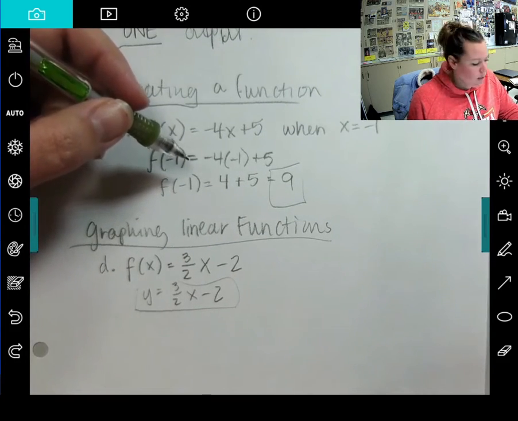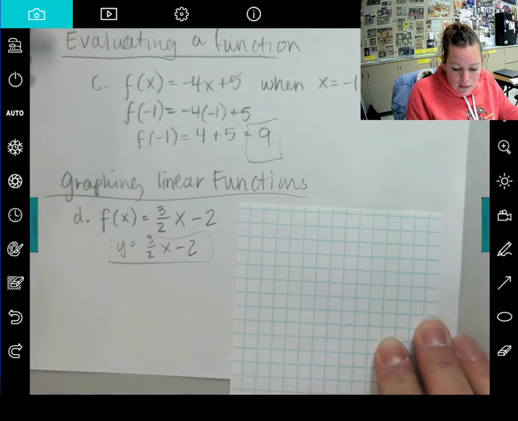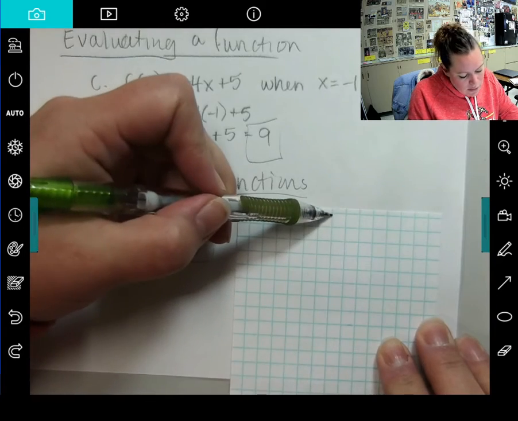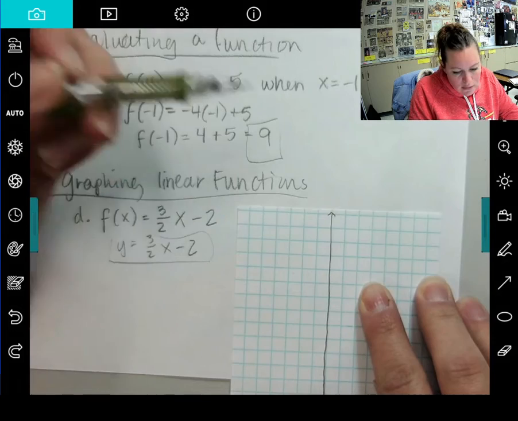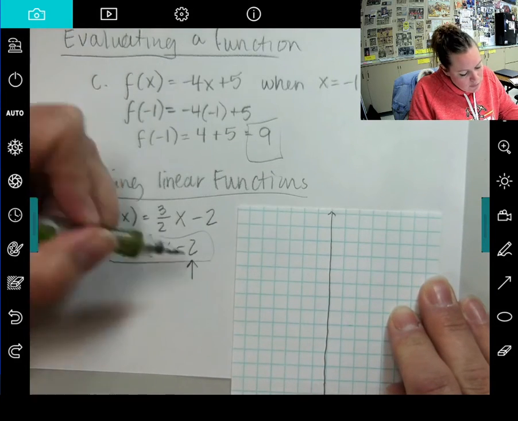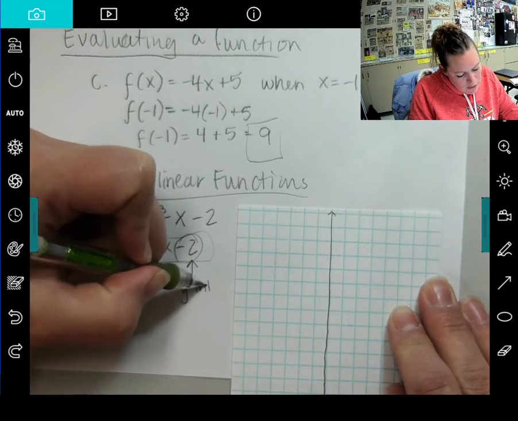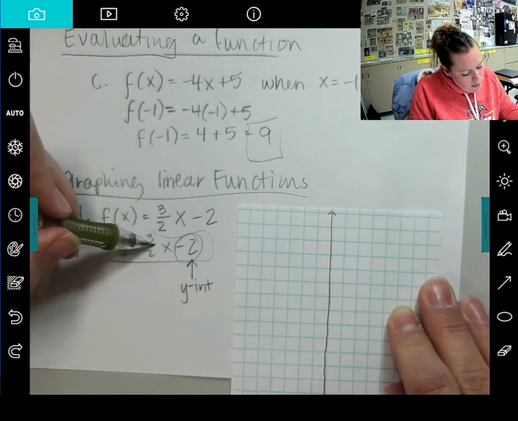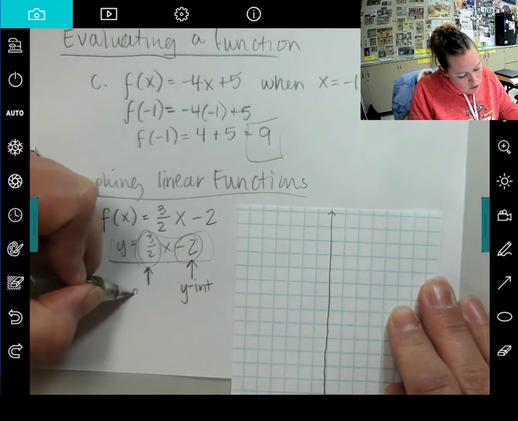So we'd start by making our set of axes. We know that it has to go down on the y-axis to negative 2. In case we forgot how to identify, this number at the end is our y-intercept, and this coefficient of our x variable is our slope.